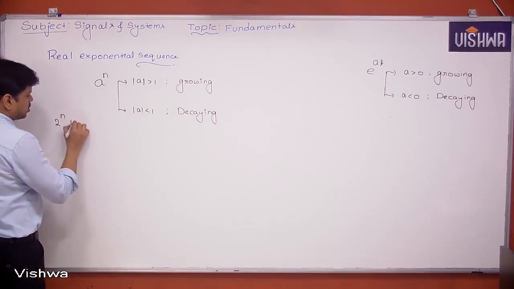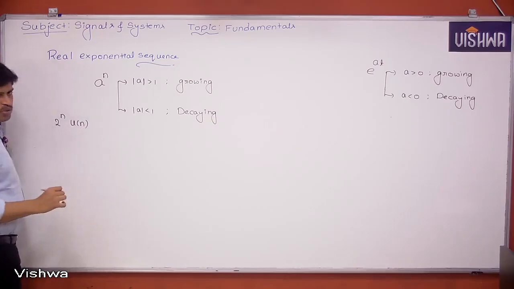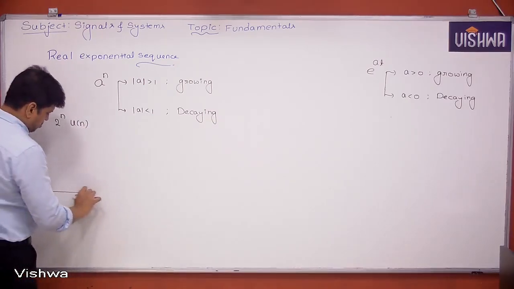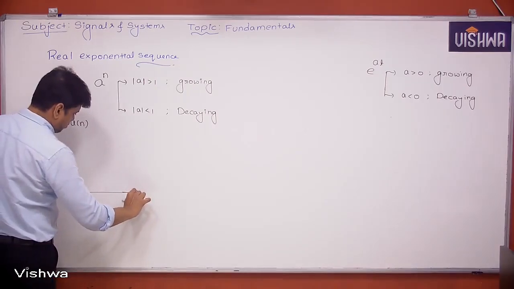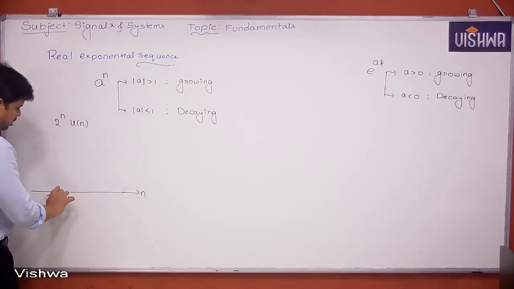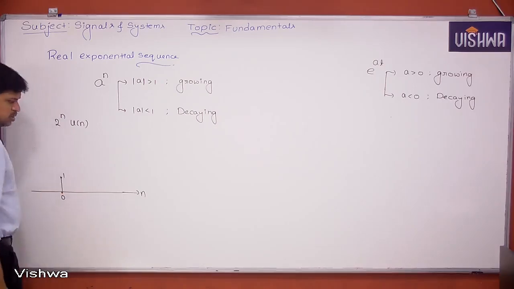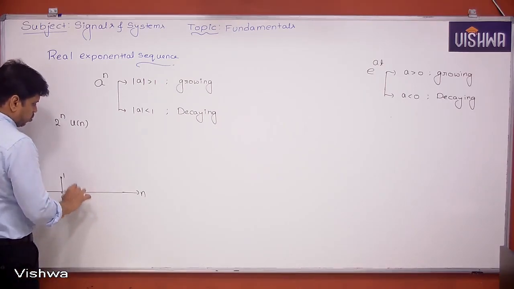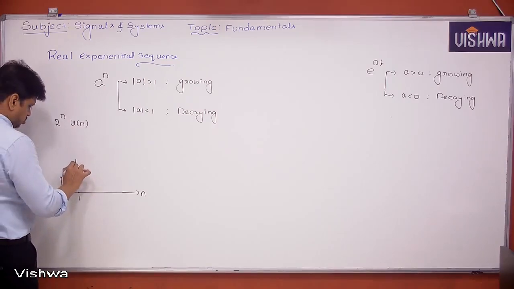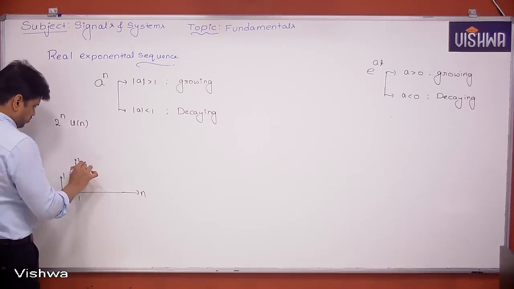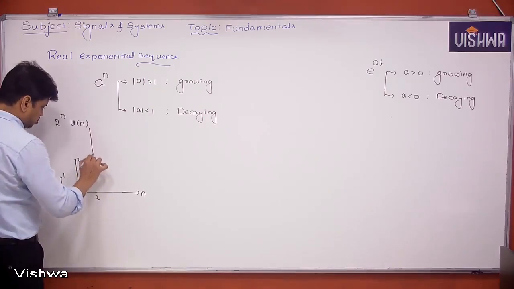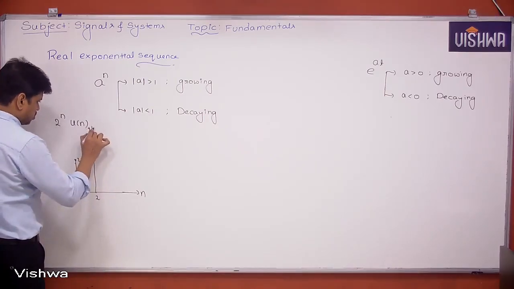2 power n u of n, that means we are taking only from 0 onwards. At n equal to 0 its value is 1, at n equal to 1 its value is 2, at n equal to 2 its value is 4, and so on.